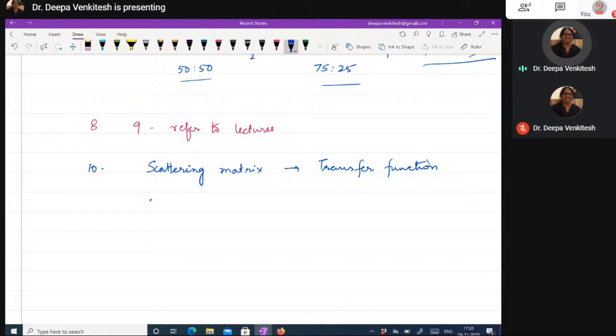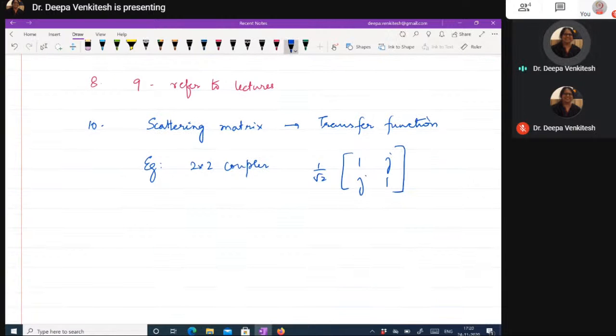Now, for example, for a 2x2 coupler, we found the transfer function as 1/√2 [1, j; j, 1]. Now, it is given that the scattering matrix or the transfer function is [0, 0, S13; 0, 0, S23; S31, S32, S33].